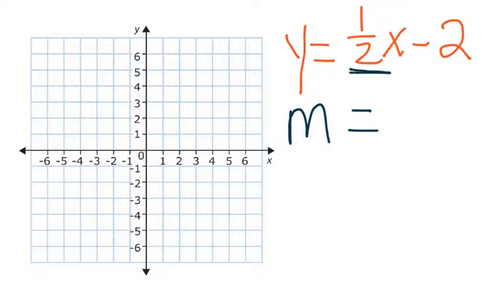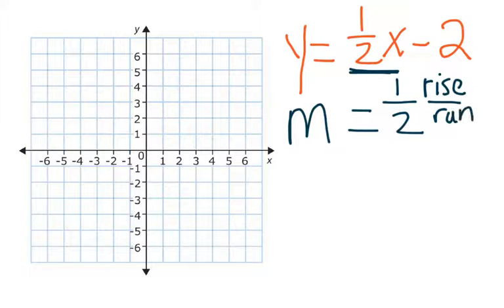That's the number in front of the x. That is 1/2. And remember, that is the rise over the run. And the b value is the number by itself, -2. And that is where the graph crosses the y-axis.